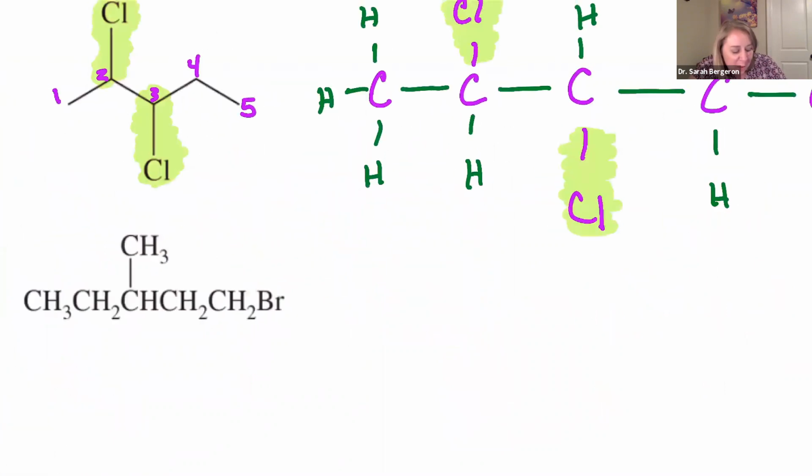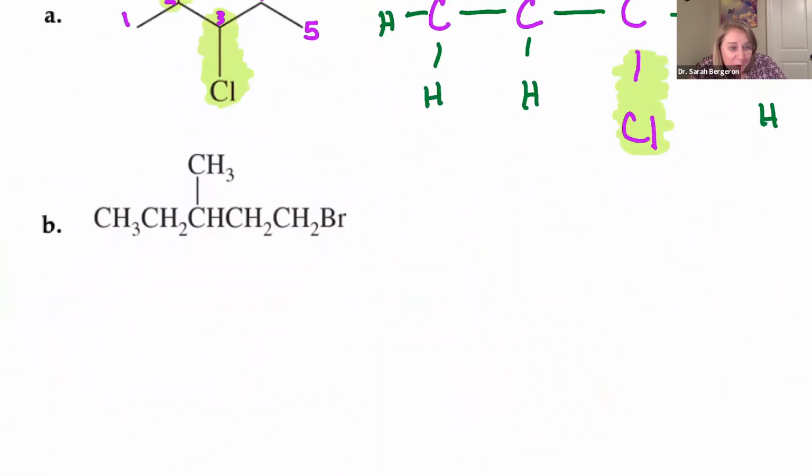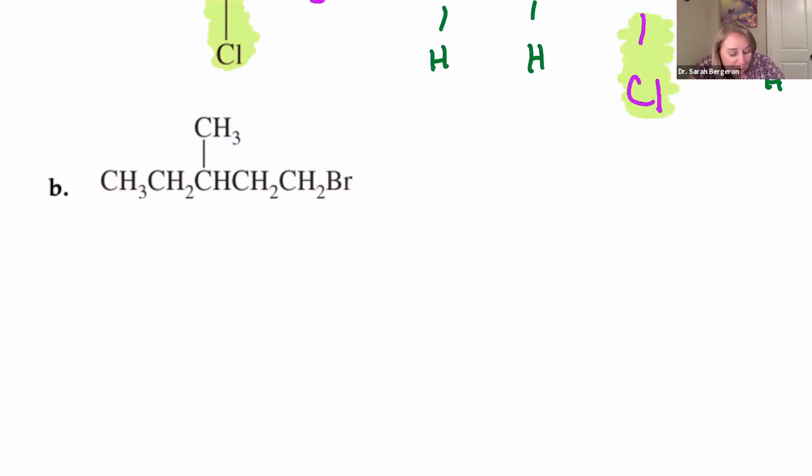Okay, now we're going from a condensed form to a Lewis structure. So let's again count our carbons to make sure we have the right number. 1, 2, 3, 4, 5. Now what do I have attached? On carbon 3, I have a CH3, and on carbon 5, I have a bromine. So I want to make sure to include those things.